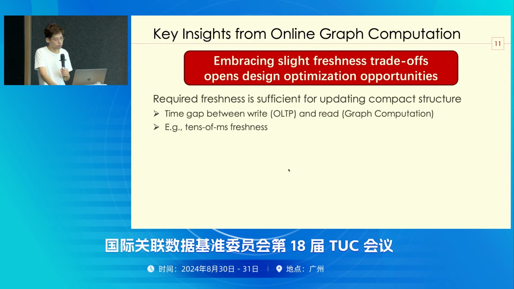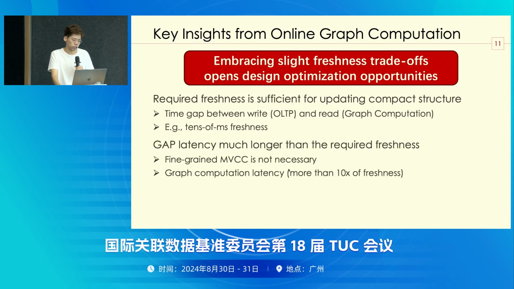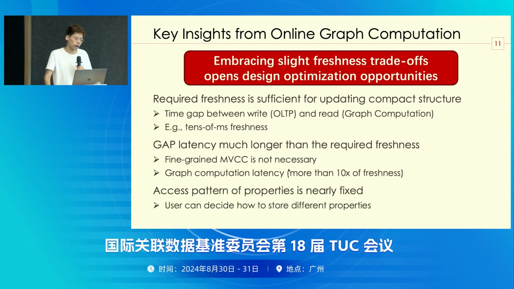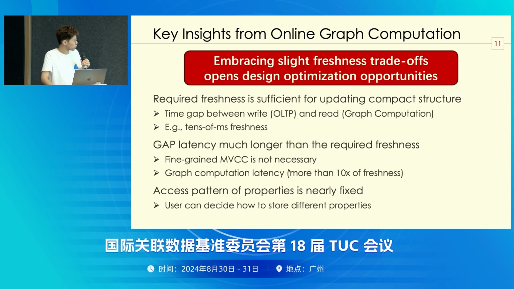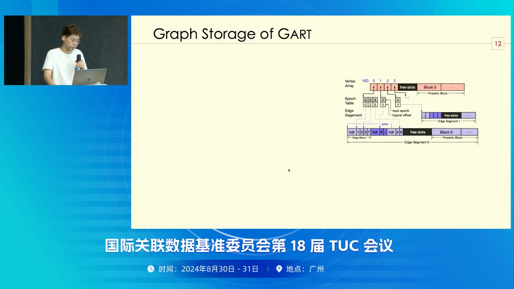For example, the required freshness is sufficient for updating a compact structure like CSR. We also find insights about computation latencies and access patterns. For the time reason, I will not talk about the details of the insights in this talk.